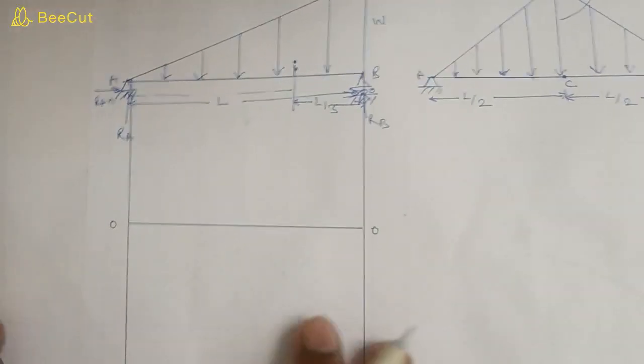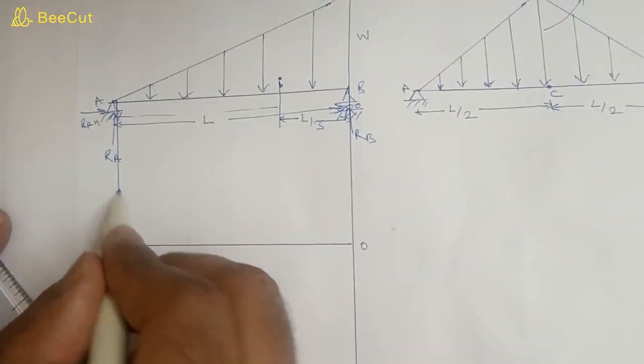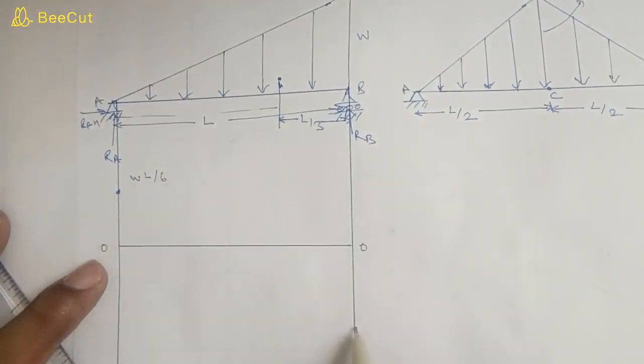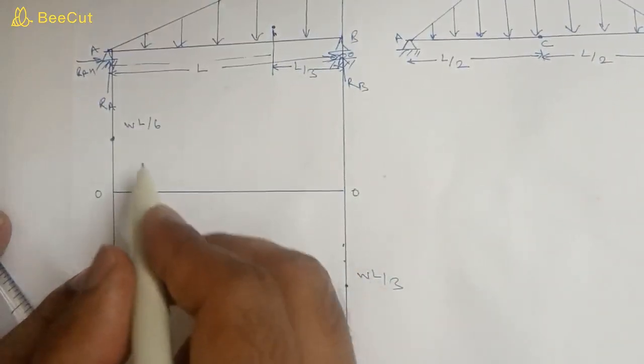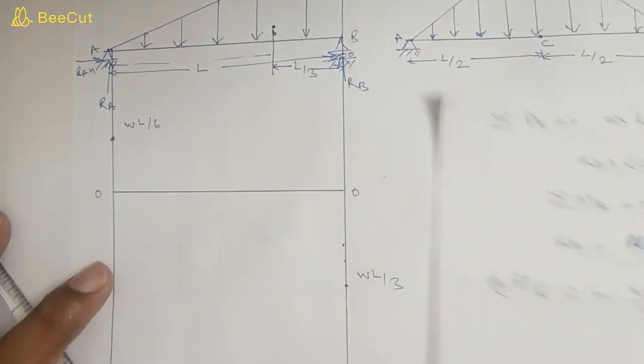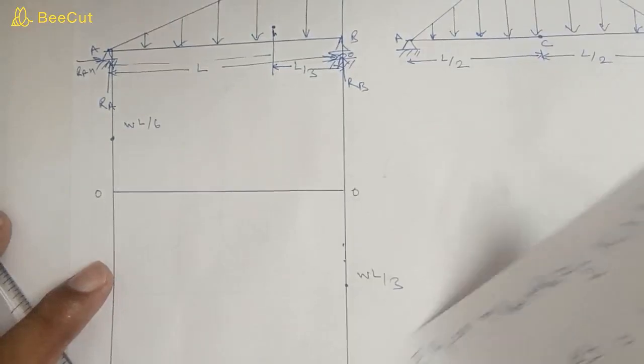So we can write here WL by 6, and this is negative WL by 3. We have got 2 points, and we have to find how the shear force will vary between these 2 points. So let's see that.